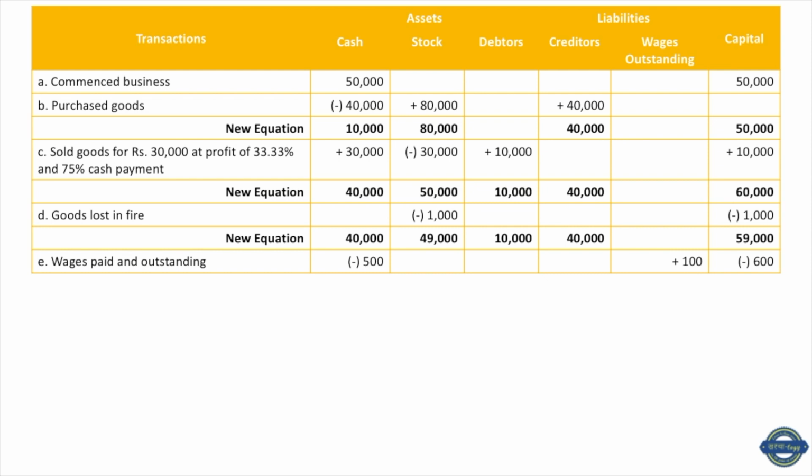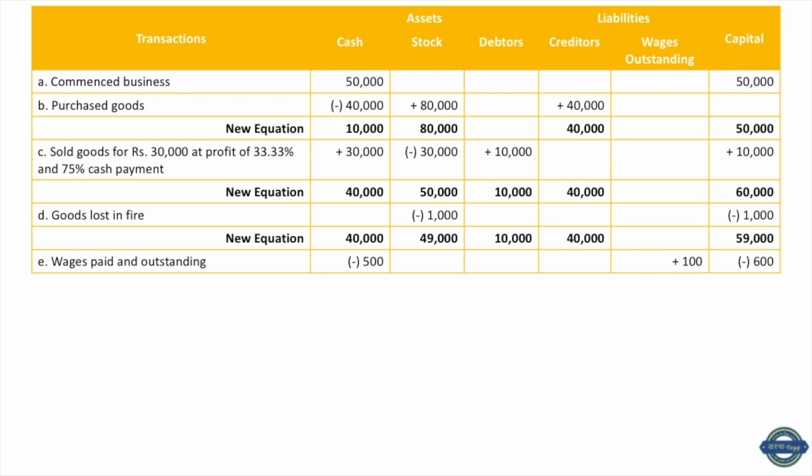Wages paid and outstanding. Wages paid were rupees 500 and outstanding are rupees 100. So the total wages are 600. Since 500 was paid, we will deduct 500, and wages outstanding. In the last video, we have understood what this expense outstanding means.